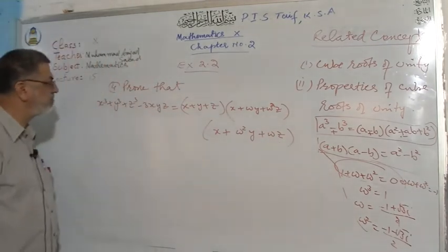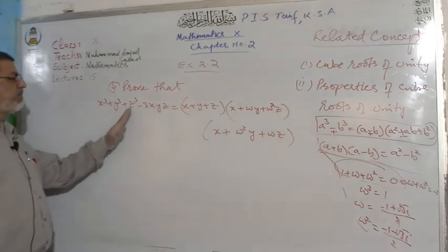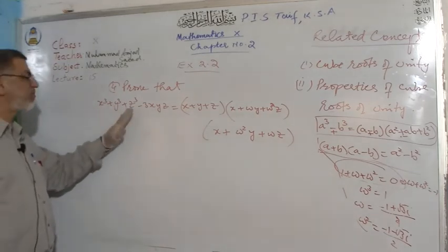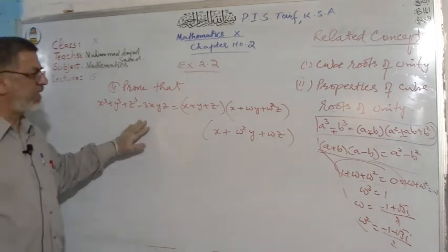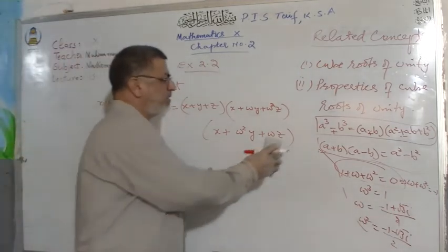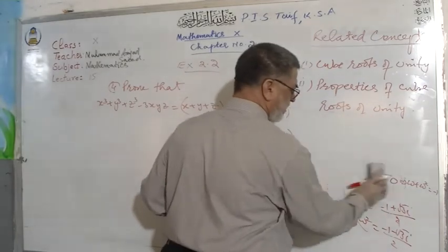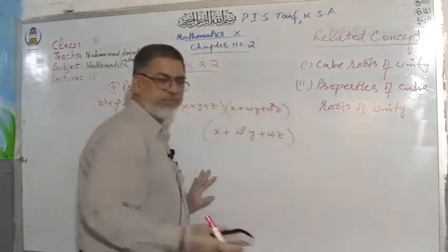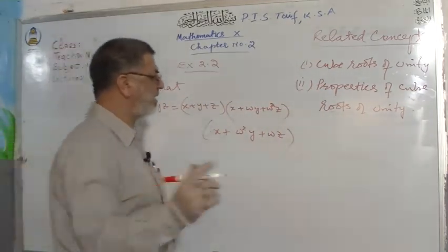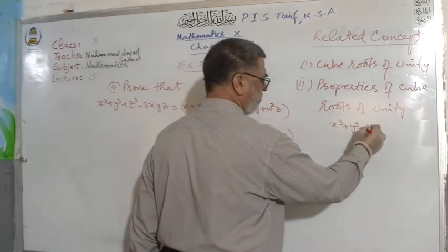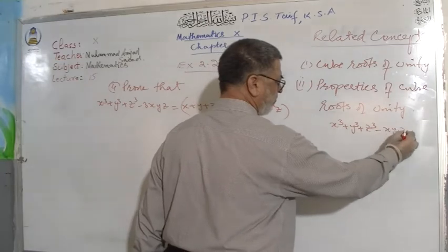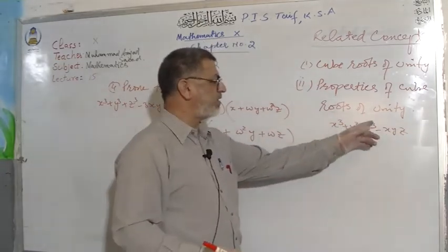Remember that, dear student, this is the formula. Left hand side is actually the formula: x cube plus y cube plus z cube minus 3xyz. Remove this 3 and 3.